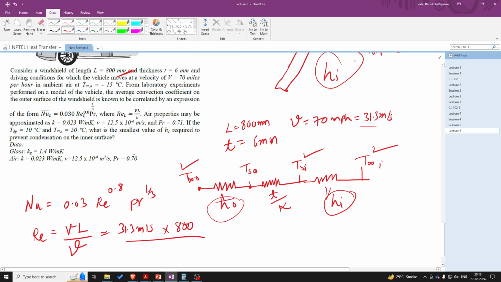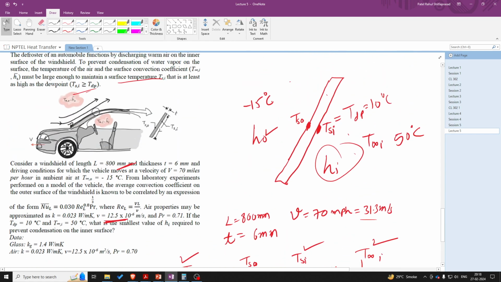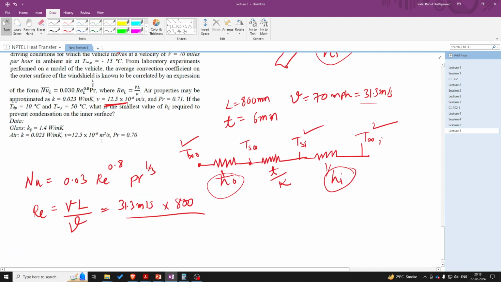The viscosity nu we have been given as 12.5 into 10 raised to minus 6.